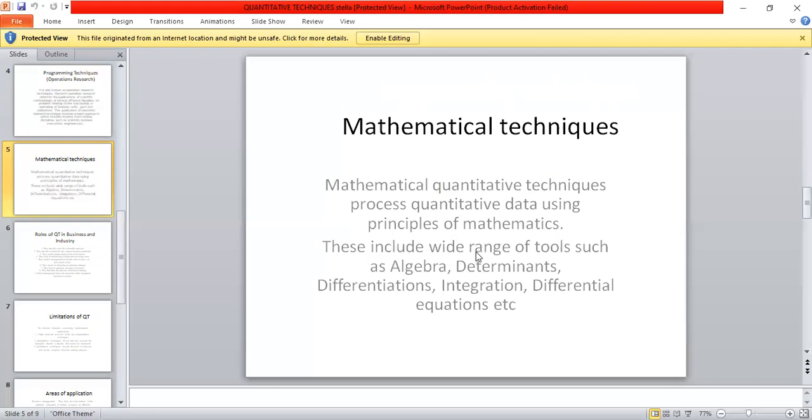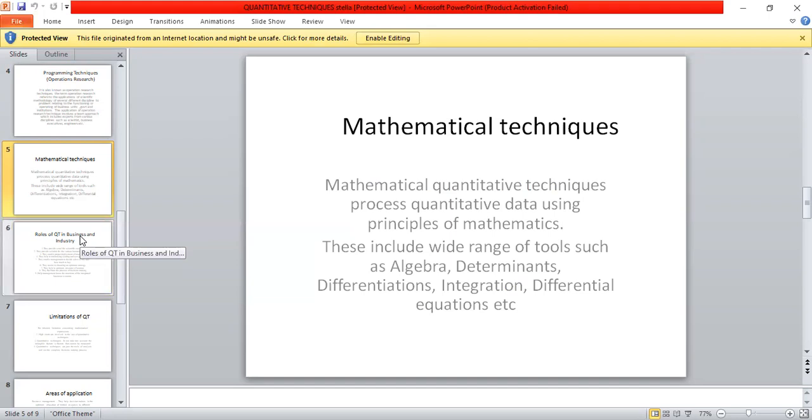These include a wide range of tools such as algebra, determinants, differentiation, integration, differential equation, etc. Yes, mathematical techniques deal with all the mathematical methods, like differentials, determinants, matrices, algebra, all the mathematical methods you have learned about.